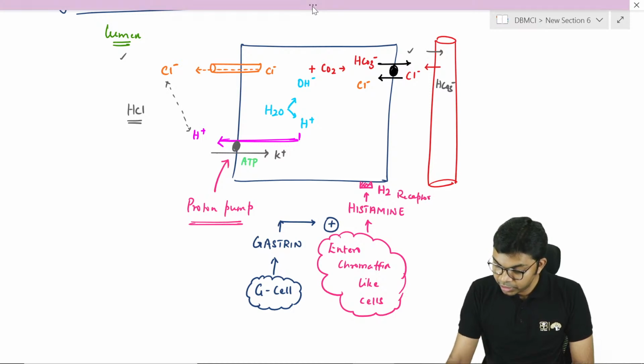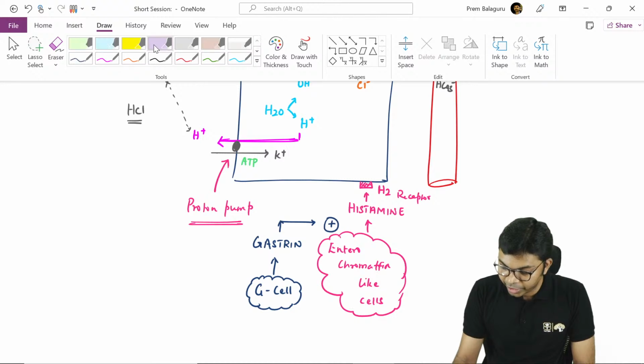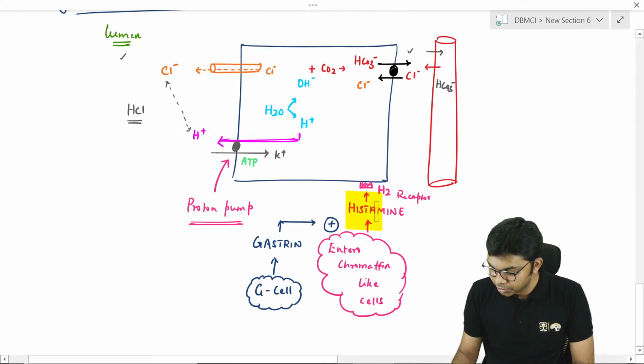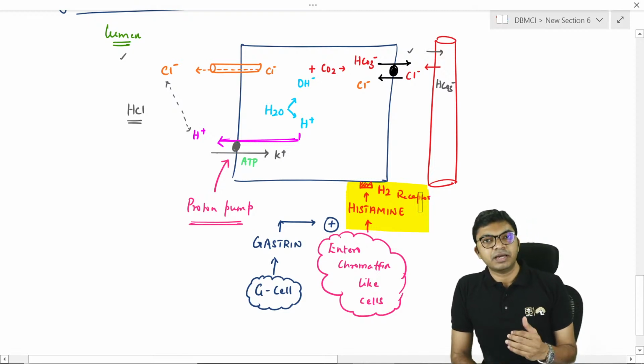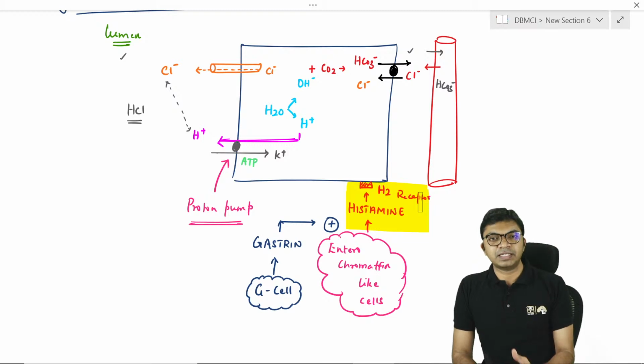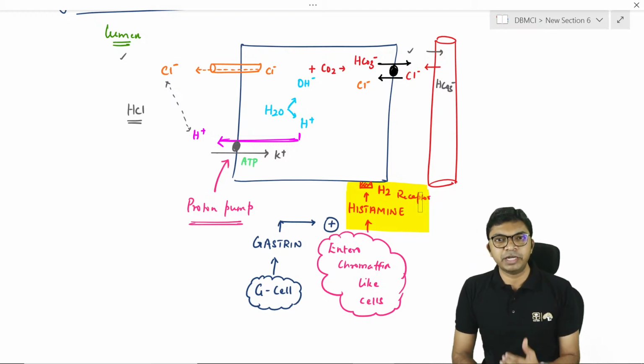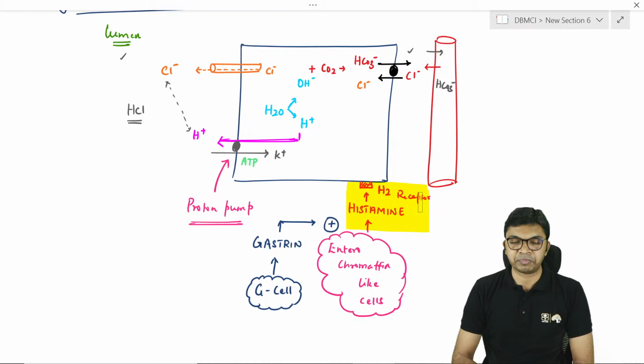Very important, histamine is going to act via H2 receptors, doctors. This H2 receptor is going to excite parietal cells, and this action of histamine on parietal cells is the predominant action with which acid secretion happens.